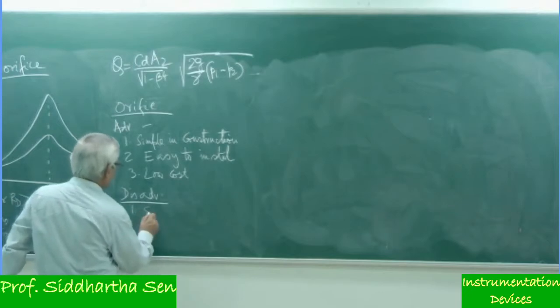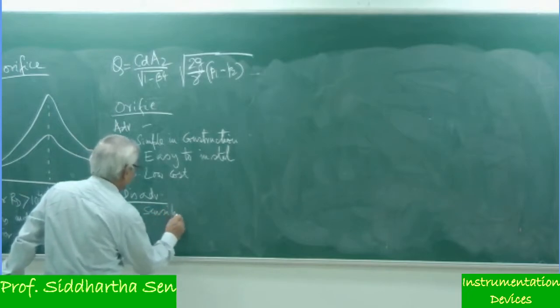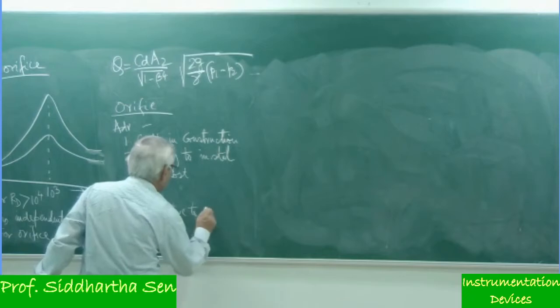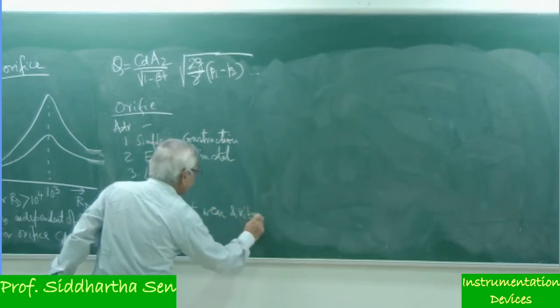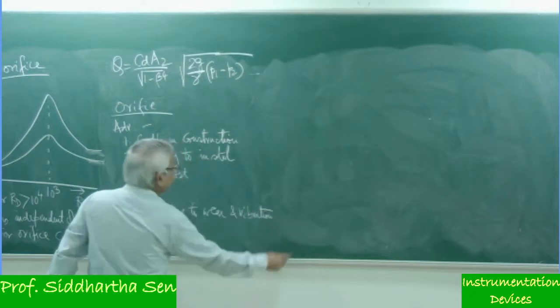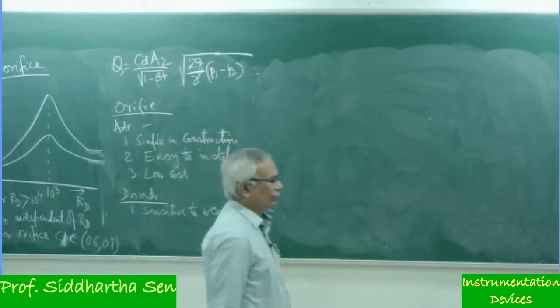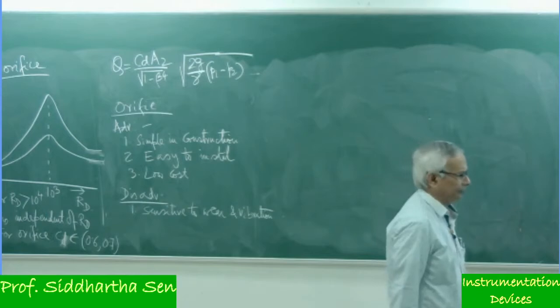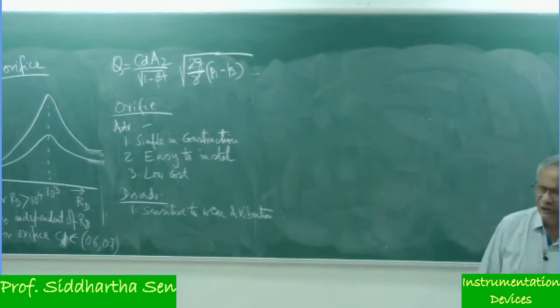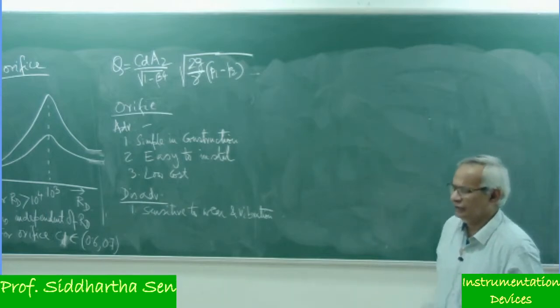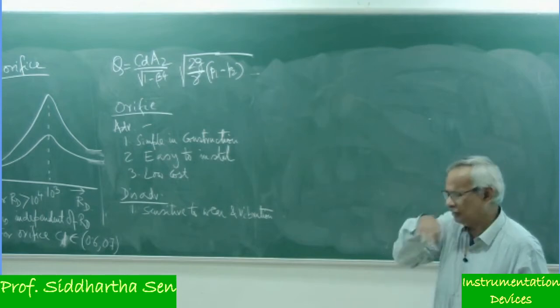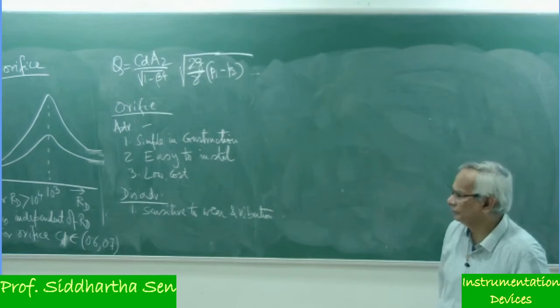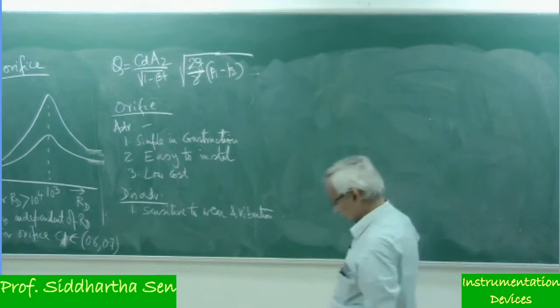The disadvantage is that it is sensitive to wear and vibration, because we have shown you that the orifice edge is very sharp, so naturally there will be wear and tear, changing the value of small d, and there may be some vibration and other things.